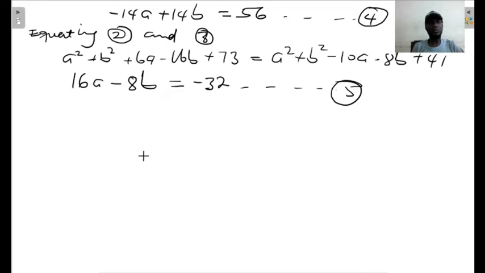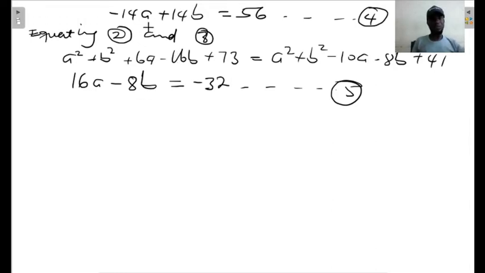Good. So now we have eliminated our r. Now we can solve equations 4 and 5 simultaneously to get the values of a and b. I would like to eliminate b. So by eliminating b, I have to find the LCM of 14 and 8. And that is 56.